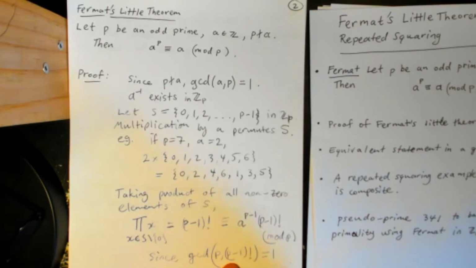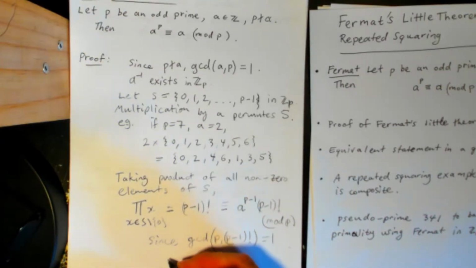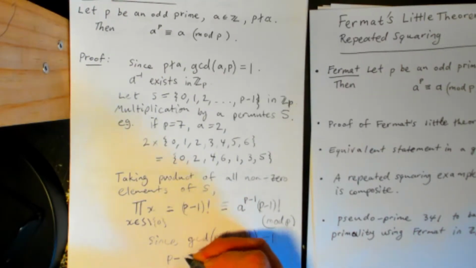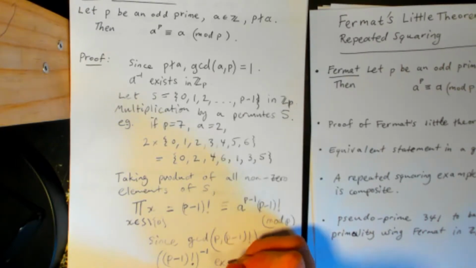And in that product, you haven't even got up to p yet, right? So the GCD must be equal to 1 there. Okay, so since we have that, p minus 1 factorial inverse exists.